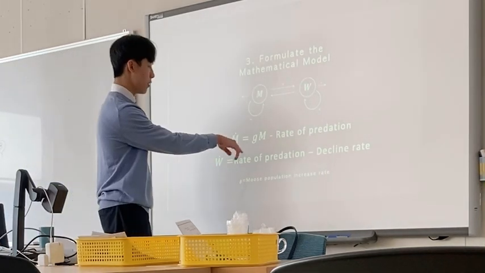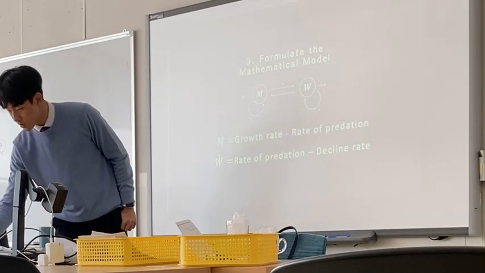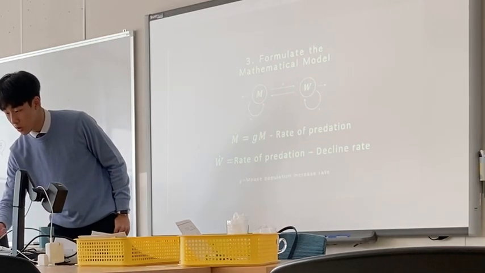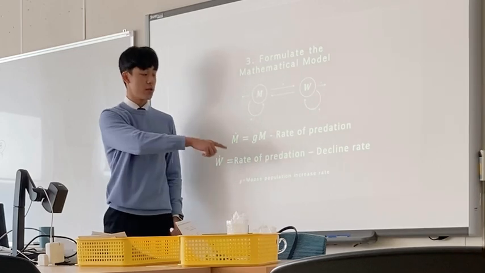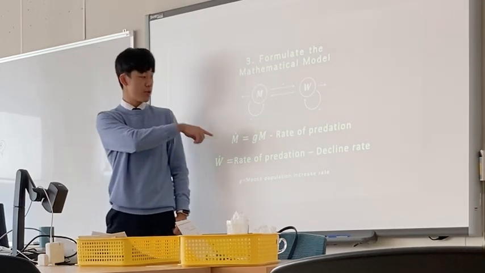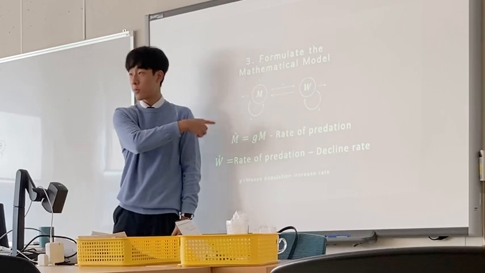Then first, the growth rate would become GM, where G is the moose population increase rate. If you multiply increase rate by the population, that would be the rate of increase.